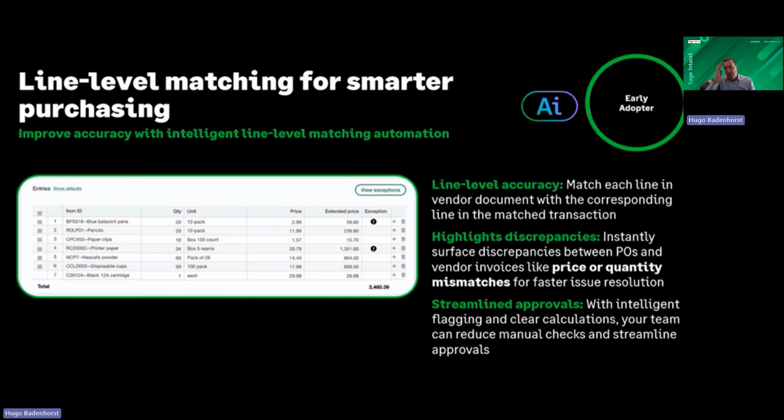Now, one of the new features that came out, which is one that we've been waiting for as well, is currently still in early adopter. So it's not fully released in Australia yet, but you can apply to form part of that early adopter and start trialing this. It's basically that line level matching for purchasing.